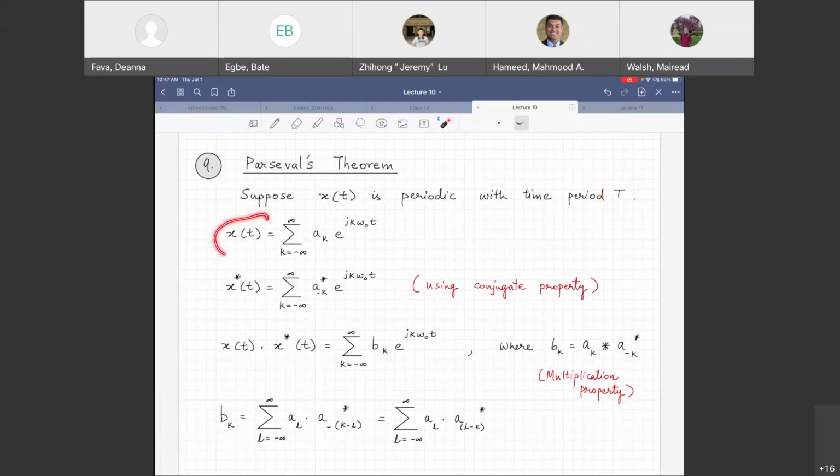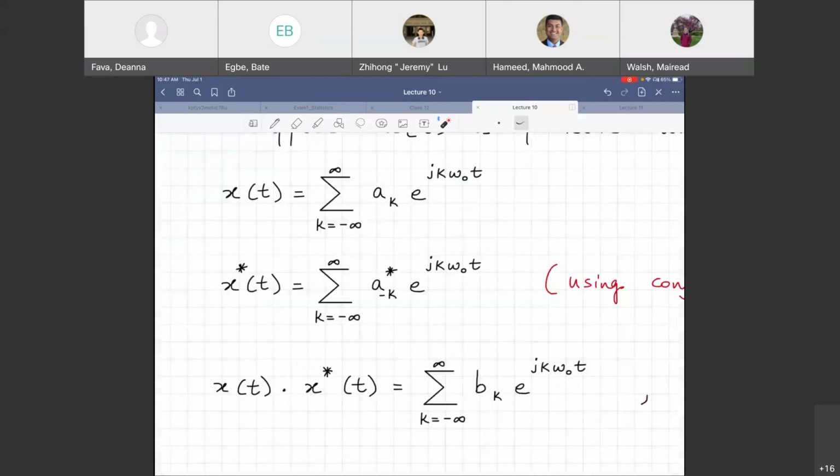Next, if that is the case, then I can represent x of t as this sort of summation. What is this summation? Projections on a set of complex exponentials that belong to an orthogonal set of functions. Now let's also consider the complex conjugate of x. What is that? Well, we know that if the signal gets complex conjugated, then the Fourier series coefficients for that will have a conjugate symmetry, which means a_k will equal a sub minus k conjugated.